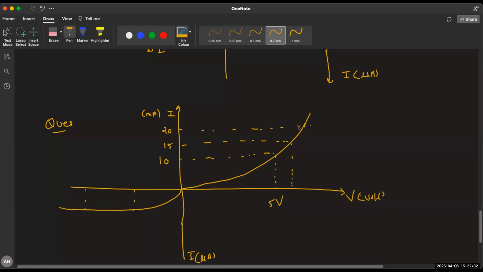This is not known. And let's say this is 0. This is 1 volt and this is 1.5 volt. Here it's minus 5 volt. Here it's minus 8 volt. And this is 3.